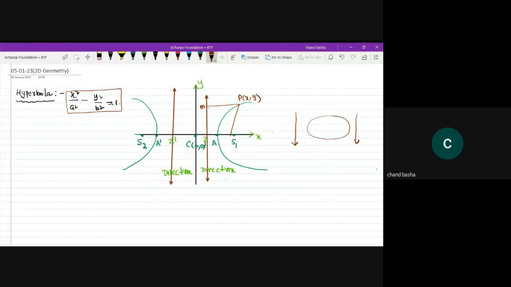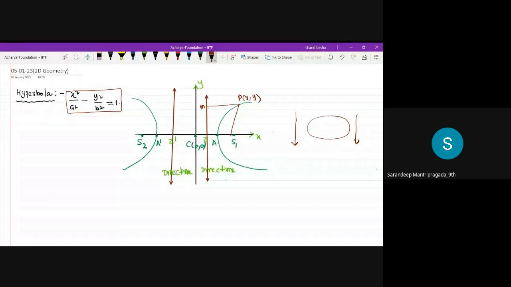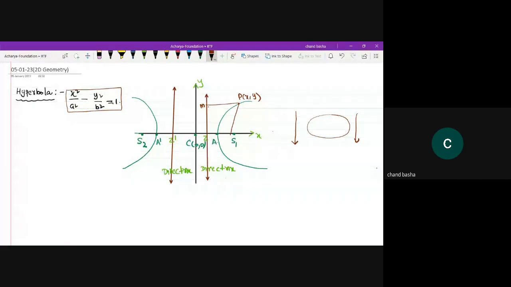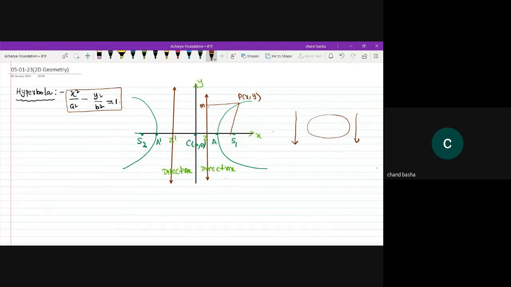Yes, Ranjit. Sir, so the point A can even coincide with the point Z, right? Like they both can coincide. No, no, no. You cannot take it at this point. If they are coinciding, there is a problem.